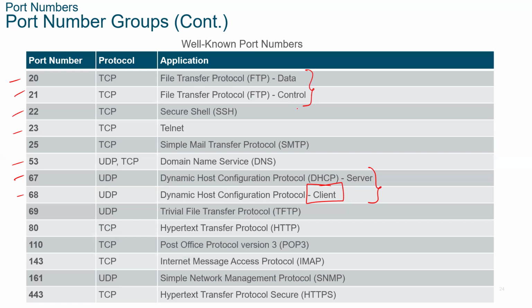Control traffic is used to manage the file transfer basically. Then the data is the actual data that you are transferring.